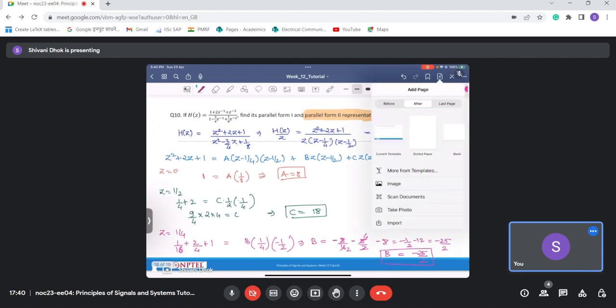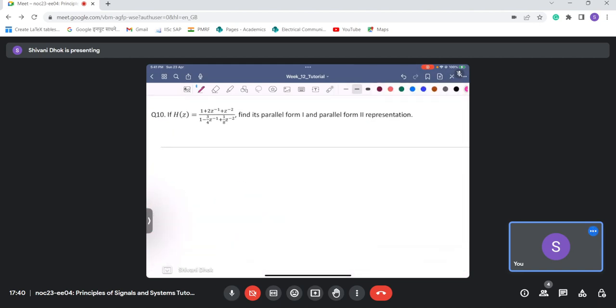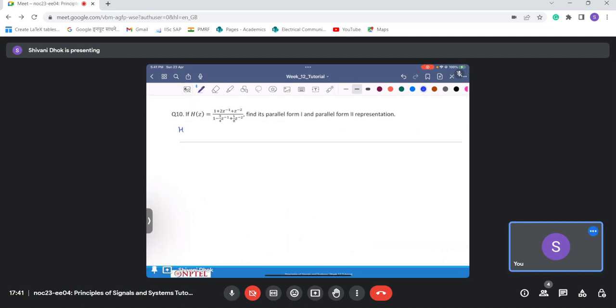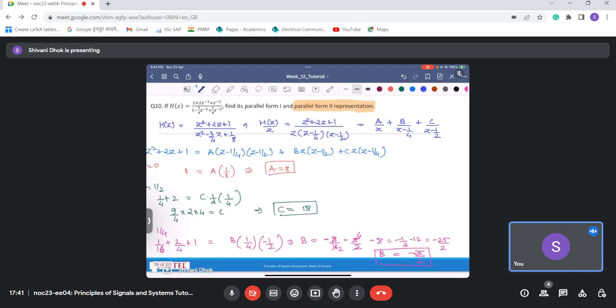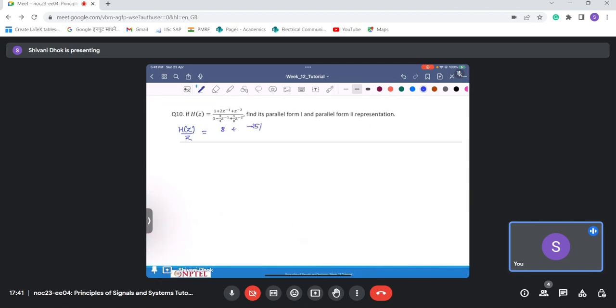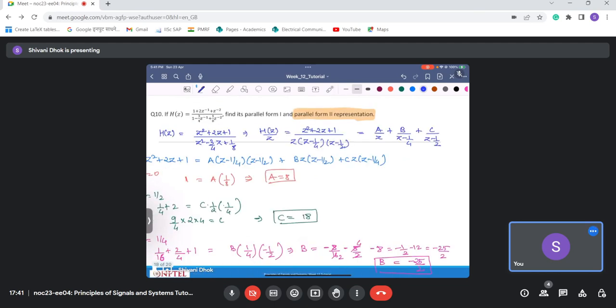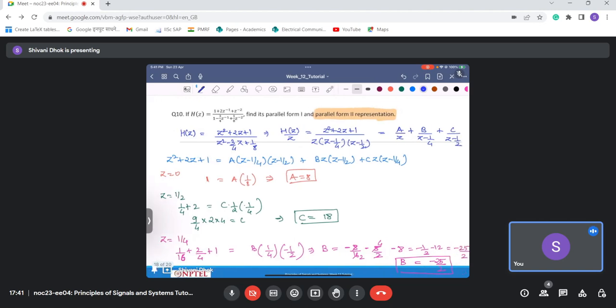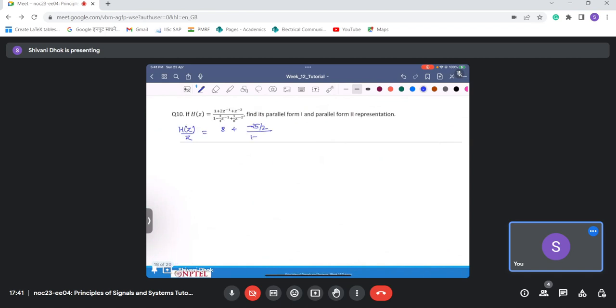So what I have is H(z) upon z is equal to 8 upon z, plus my b is minus 25 by 2 upon z minus 1 by 4, plus 18 upon z minus 1 by 2.